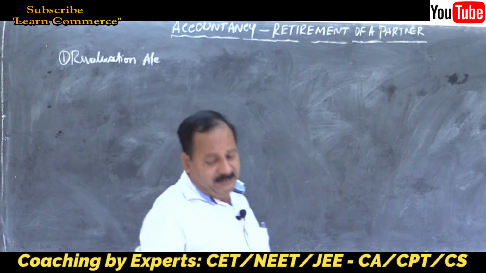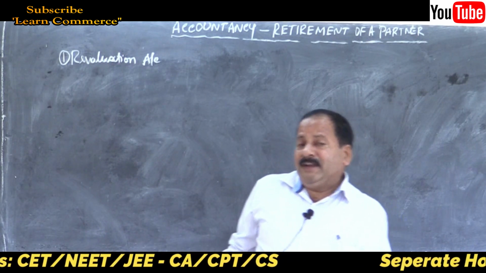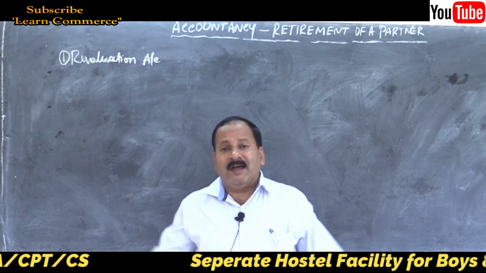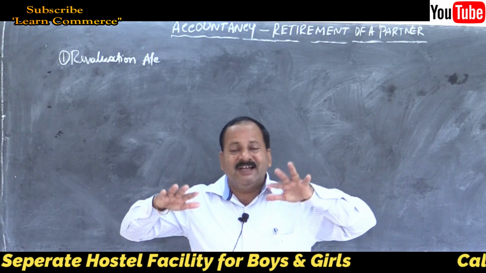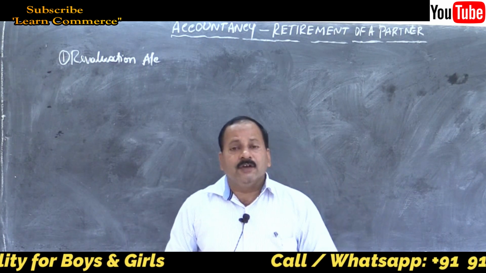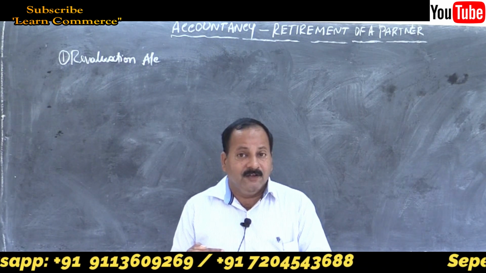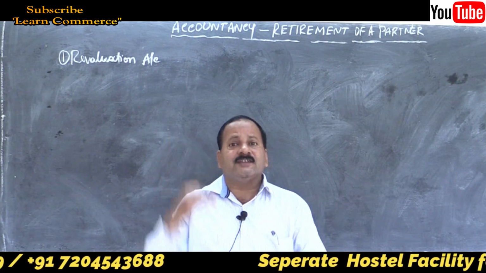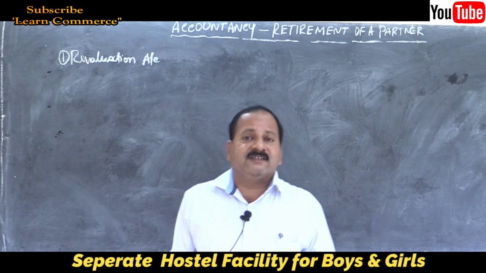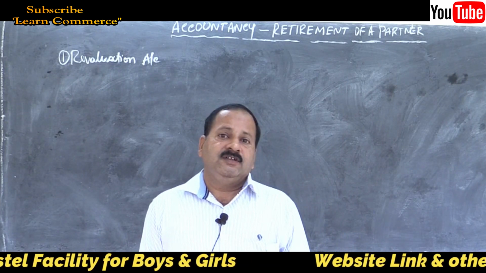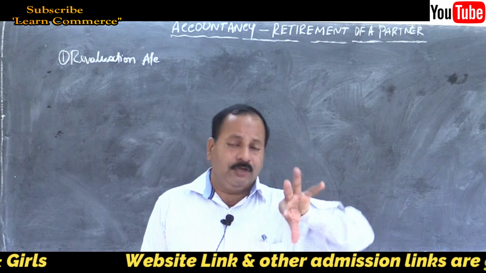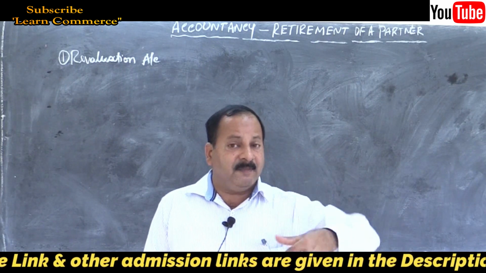When a partner is admitted, we used to prepare revaluation account to know the actual values of assets and liabilities, that is, we will see whether there is an increase or decrease in the values of assets and liabilities. Then we will give credit or debit to the revaluation account as the case may be.